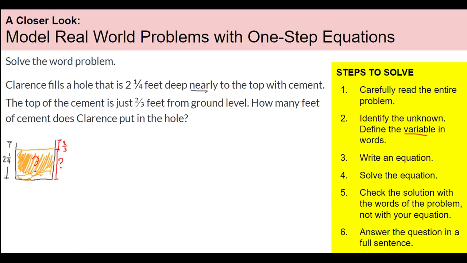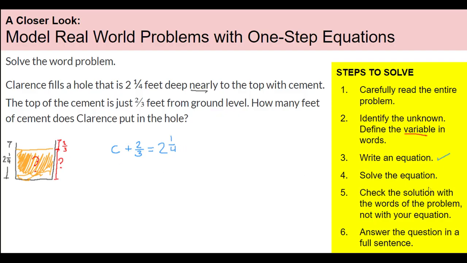So let's write an equation. He put cement in, so let's call that C for cement, plus a little extra, 2/3, equals the entire hole. From top to bottom, the entire hole is 2 1/4. Okay, so there's my equation.